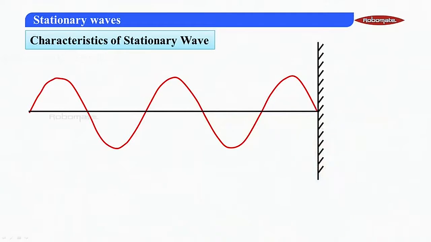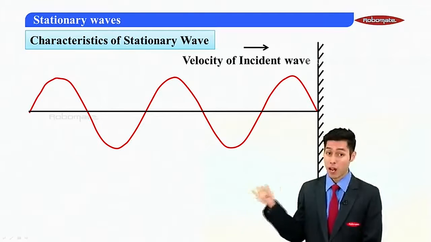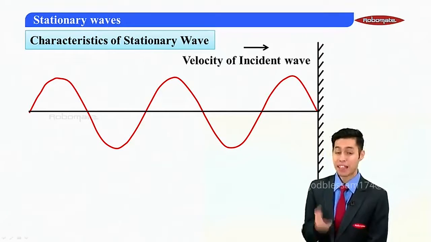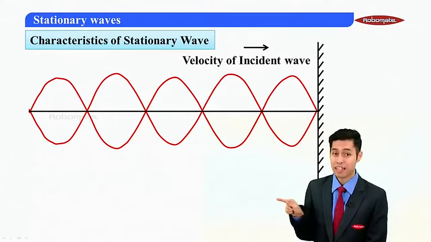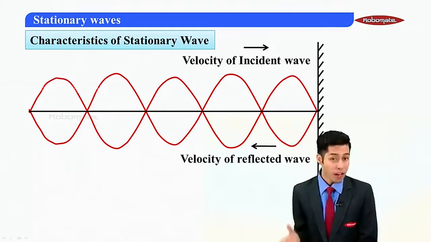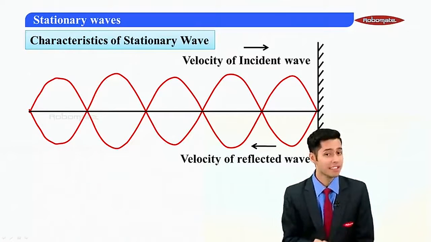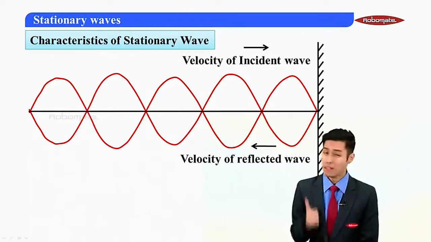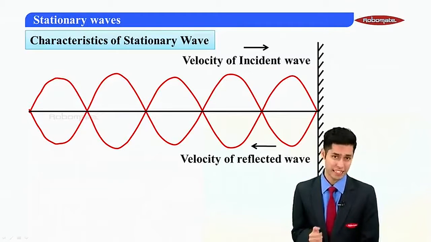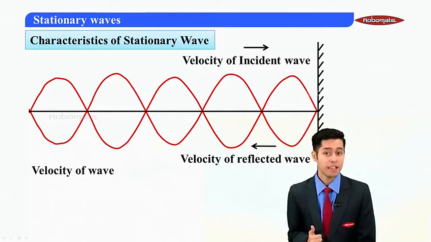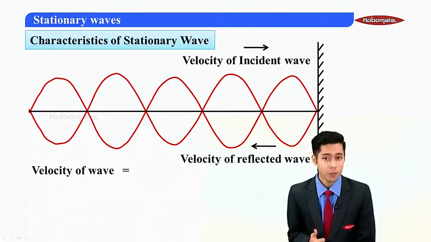In this point, we can see that there is an incident wave which is coming in. Now, the velocity of the incident wave is directed towards the right, and that of the reflected wave is directed towards the left. So one velocity is coming towards the right and the other velocity is going towards the left. Velocity is a vector quantity. So can I say that the net velocity will be completely zero?